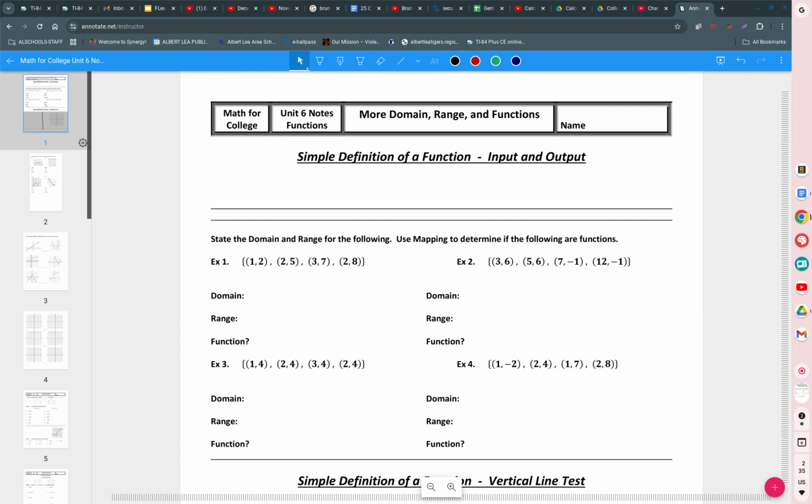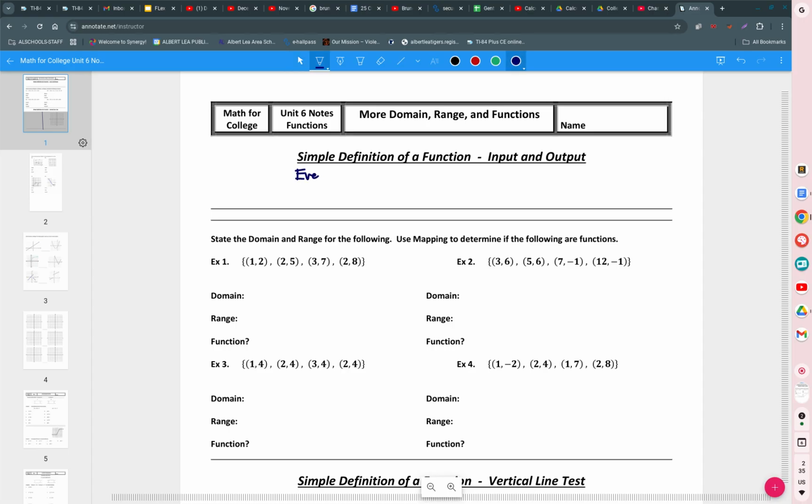Because she's the input, he's the input. The output is the goals. Everybody agree there's only one number that you can output for goals? She can't output multiple goal numbers. That's the definition of a function. The simple definition is this.